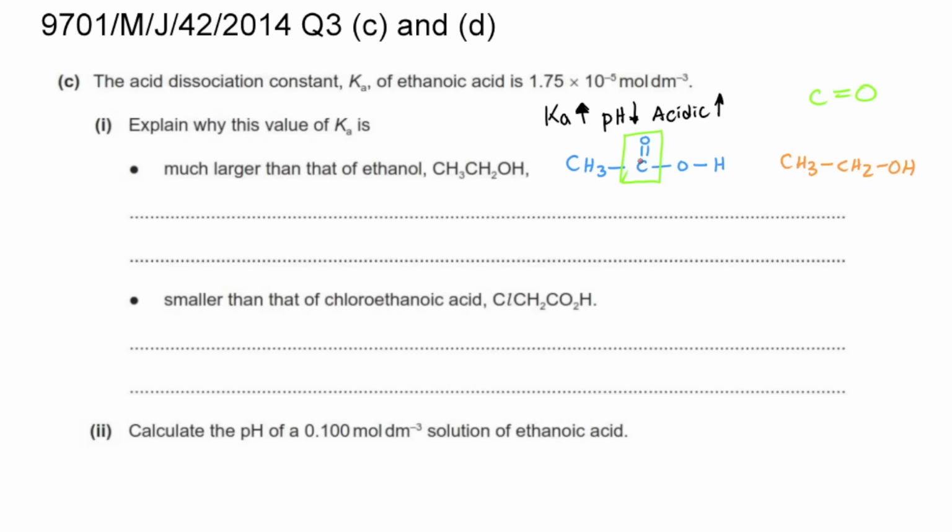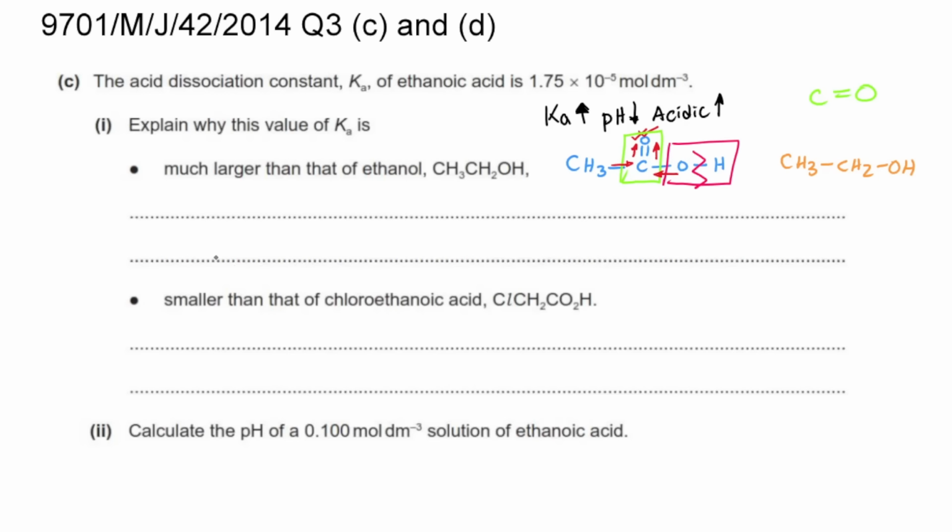Well, it means that this oxygen here attracts all of the electrons from the compound towards itself, making it the most charged in the whole compound. And this causes the OH bond to weaken. And since it weakens, it is able to release a greater number of hydrogen ions. And since a greater number of hydrogen ions are released, ethanoic acid is more acidic.